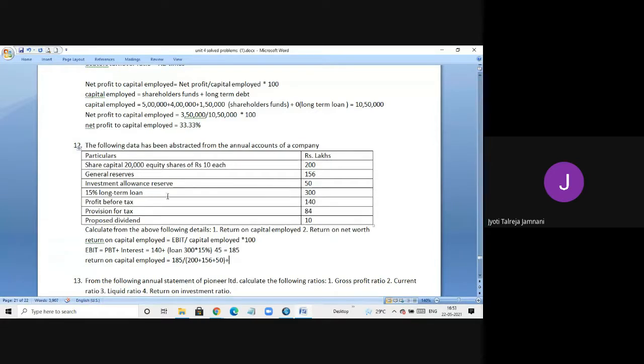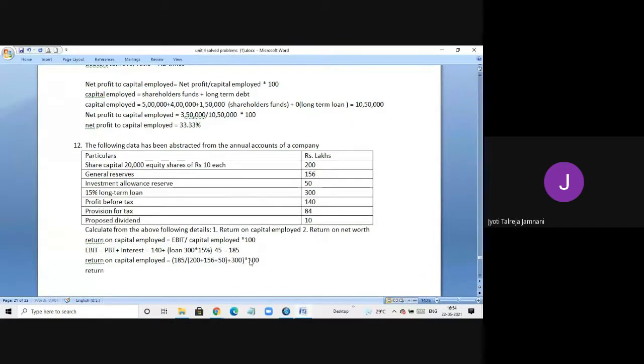We have a 15% long-term loan, the amount is 300. Both we have to add and we get the capital employed. Into 100 we have to do. This entire thing we will solve and multiply with 100 so that we get the percentage. Return is always taken as a percentage.